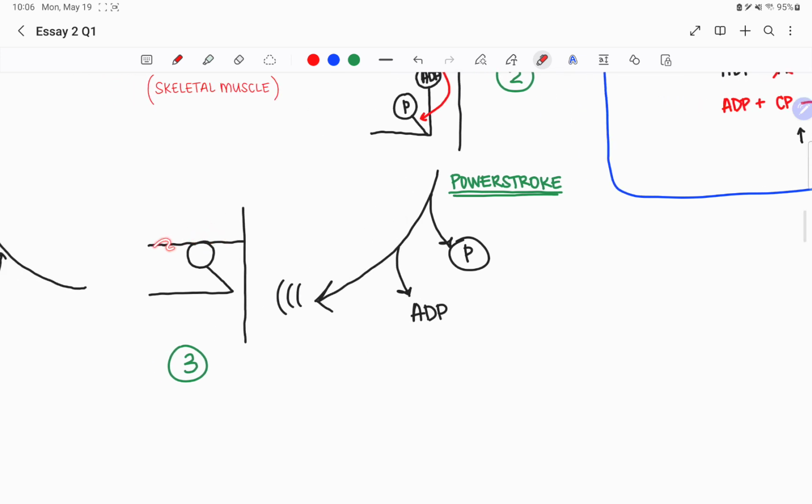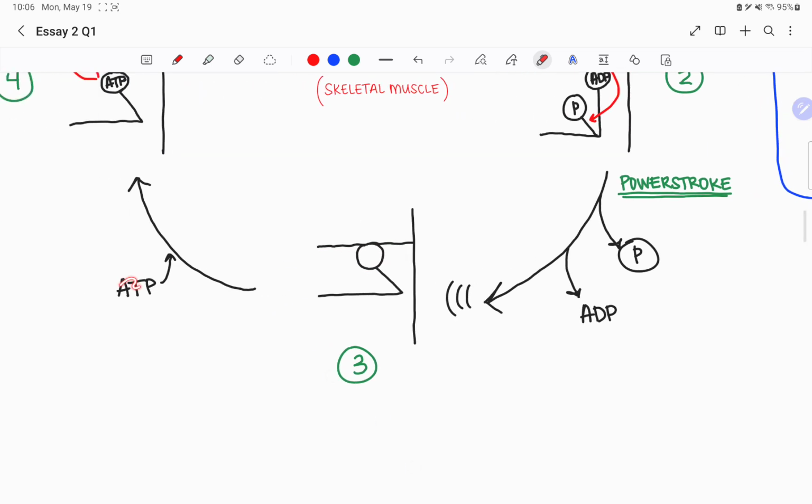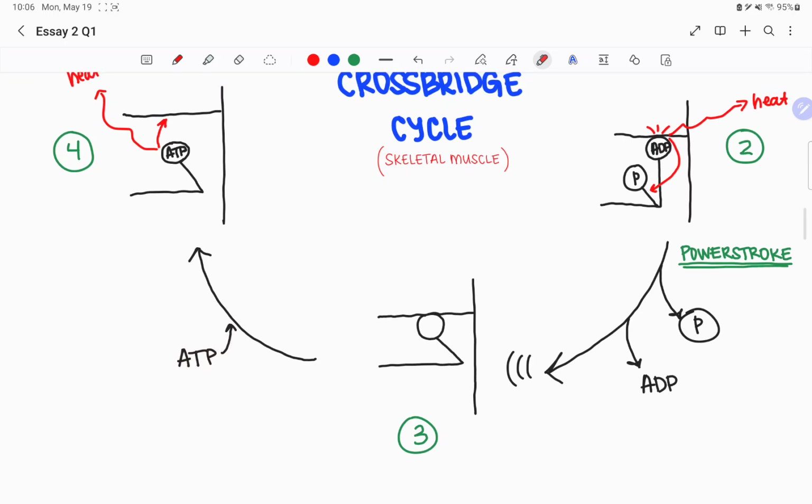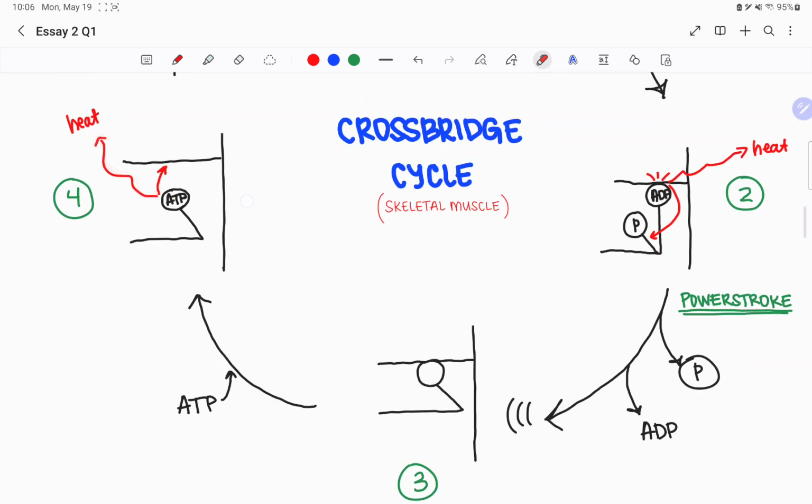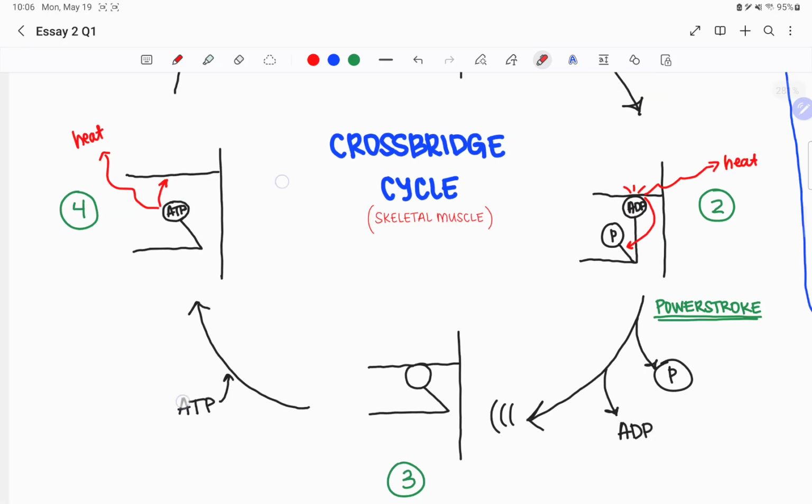So now we've just moved, we just shifted everything, we contracted, okay? So now we're still bound, myosin to the actin. Now we're going to add ATP to the system, okay? ATP is going to bind to that head group, and it's going to break the bond. So then we're going to lose some more heat here, and we're going to create enough energy to break that bond, okay, when ATP binds.